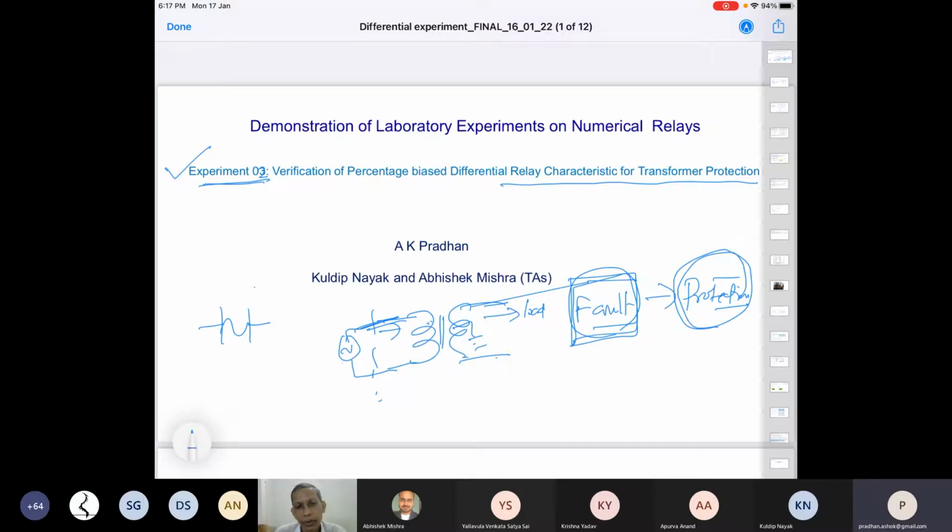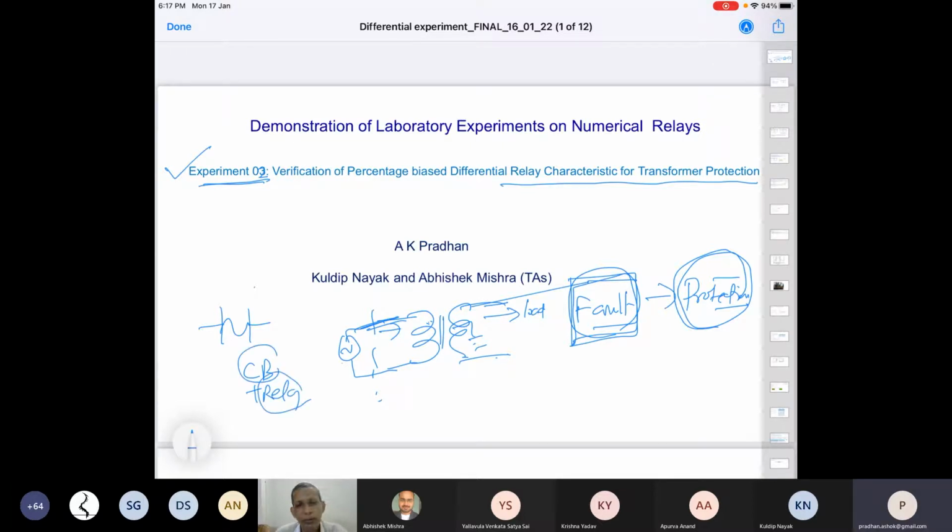So after around 1 MVA, or 2.5 MVA, 3 MVA, it depends on the utility, the transformer switches over to a breaker and relay arrangement: circuit breaker plus relay.